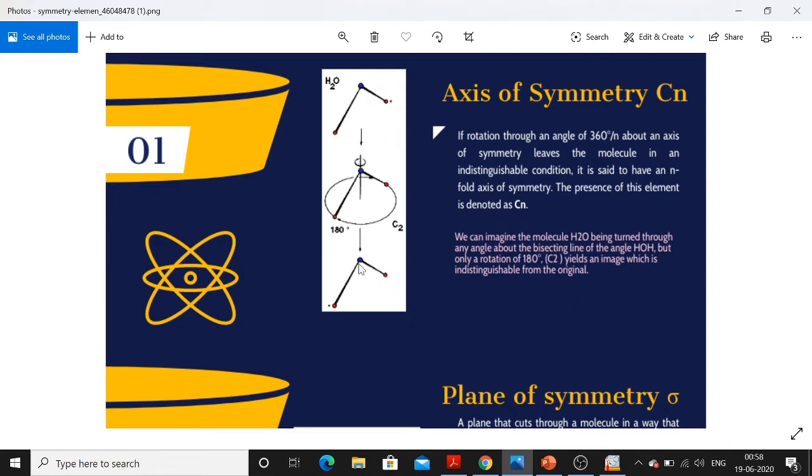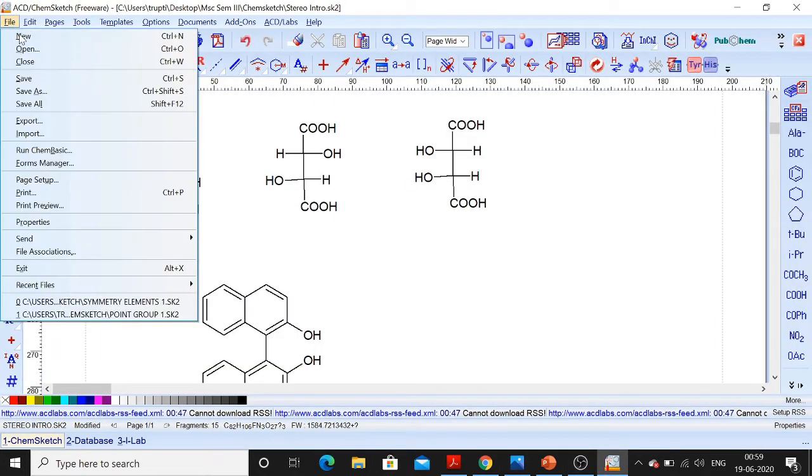I will say equivalent. This is not original. This is an equivalent position. Now this molecule, that is the equivalent molecule, is similar to the original one. And that's why we say the molecule has been rotated 360 divided by 180, that is 2. And that's why it contains a C2 axis of symmetry. To go into more detail, I'll explain one more example.